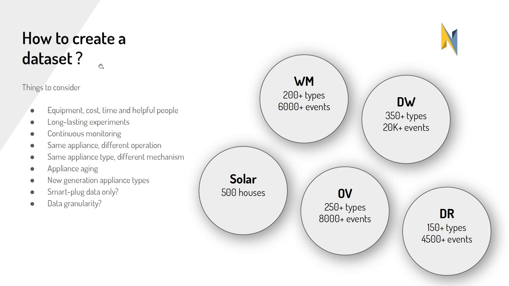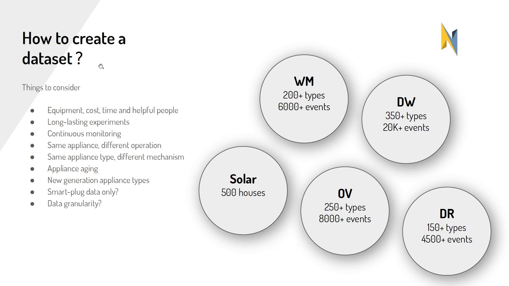We also came up with a really difficult task: we need to fully understand how the same appliances operate under different programs, and how the same appliance type, like for example the washing machine, can behave if there's a different mechanism inside. And we wanted to have all this information in place in order to have such a good data set.